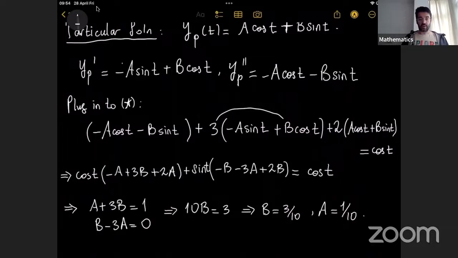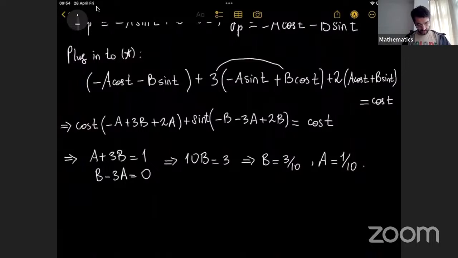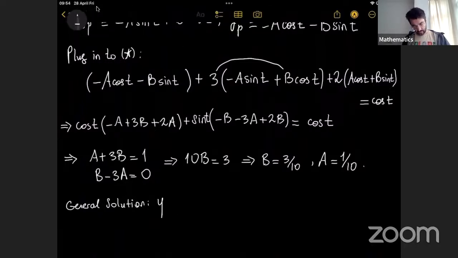All right, so now we can write the general solution. y of t is equal to the homogeneous part plus the particular part.